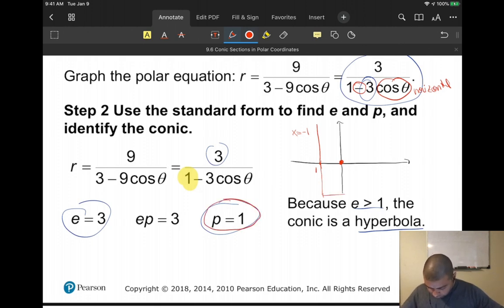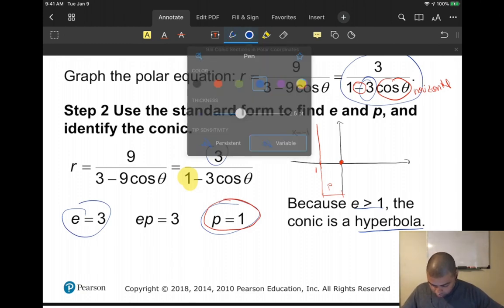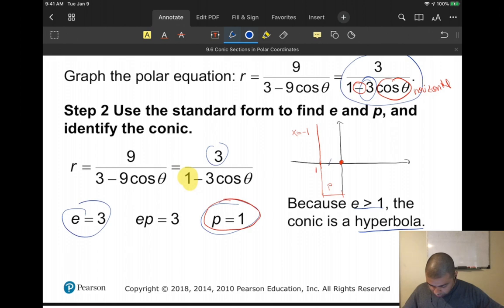Remember, this is always p, right? The distance from the focus, from the center of your polar graph, to the directrix, is always p. So that means my hyperbola is like this. Okay, so it's avoiding the directrix, and you have another branch here.